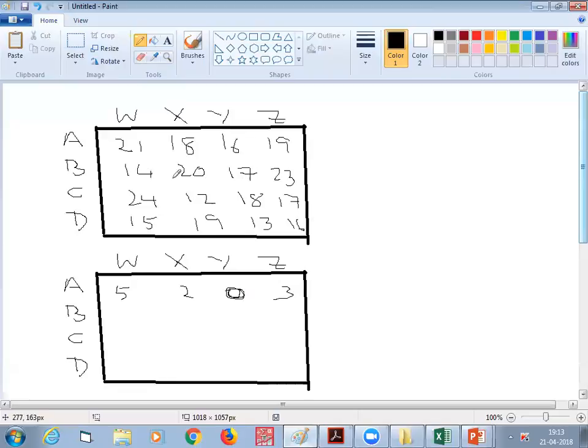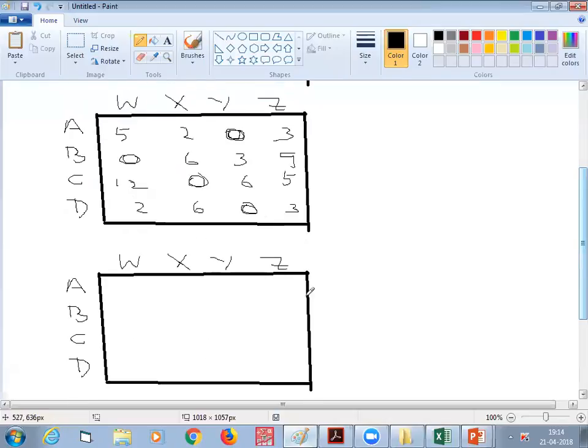In the second row, 14 is the least, so 0, 6, 3, and 9. In the third row, 12, so 0, 6, and 5. And in this one, 13, so 2, 6, 0, and 3.